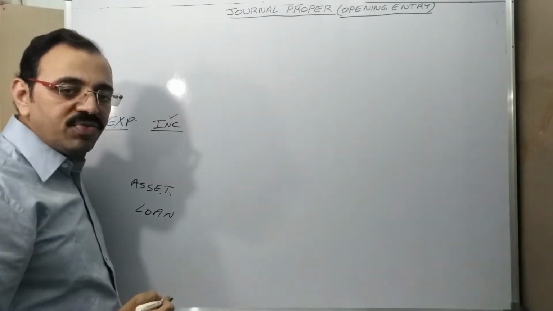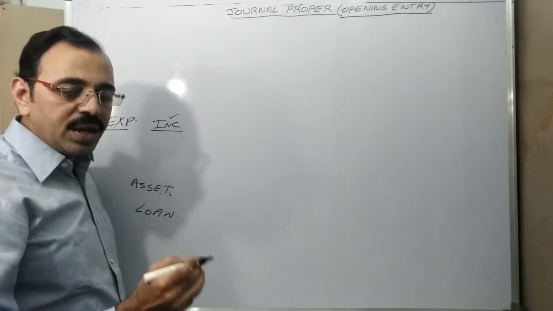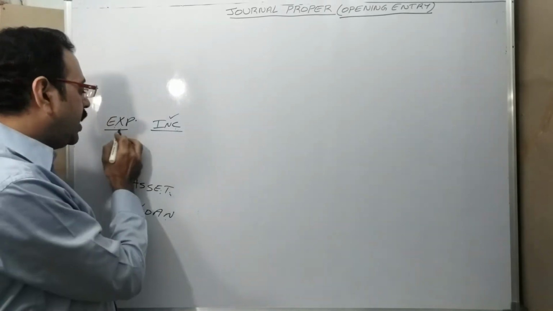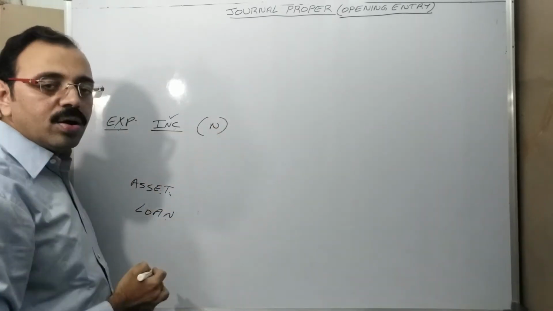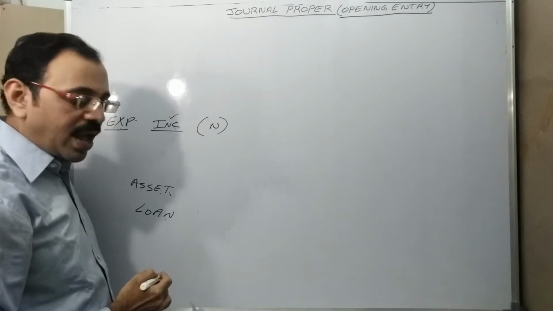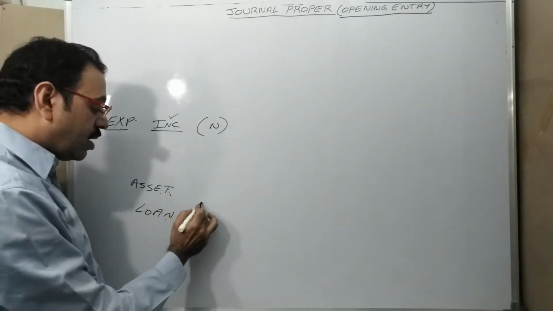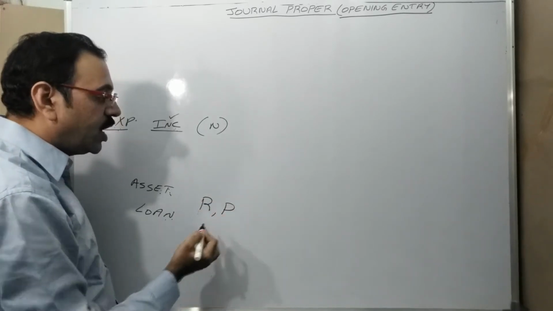You know accounts are of 3 types. What are they? Personal accounts, real accounts, nominal accounts. And expenses, incomes come under nominal accounts. And assets and liabilities, they come under real accounts and personal accounts.